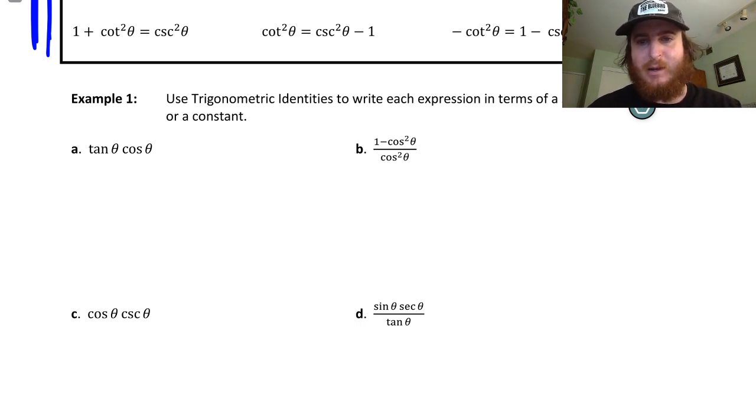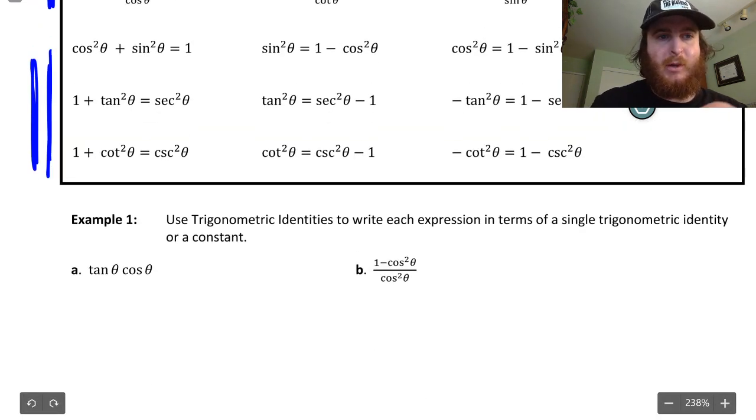It's kind of just like a puzzle and figuring it out. But my biggest recommendation to you guys is, besides practicing, the more you practice, you'll start to see the patterns. But my biggest recommendation is, whenever you see a squared, you're probably looking more at these bottom Pythagorean identities.